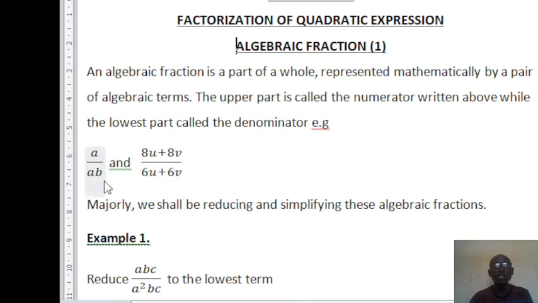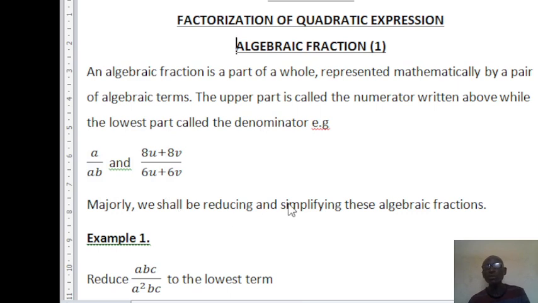You can see another example here. 8u plus 8v is our numerator, divided by 6u plus 6v, which is the denominator. The upper part is called the numerator, written above, while the lower part is called the denominator.